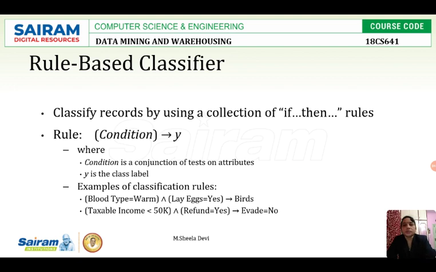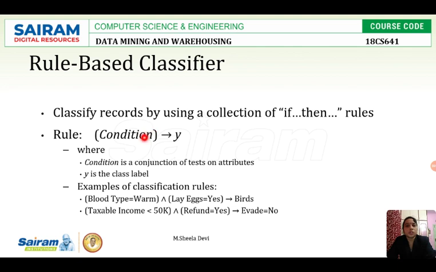See the definition. A rule is nothing but a condition. If my condition is satisfied, then that item belongs to this classification. Y is nothing but the classification. So if a person belongs to a foreign country, if he is not an Indian, then he is a foreigner. If he is Indian, then he is not a foreigner. So he is coming under the classification of whether he is a citizen or not.